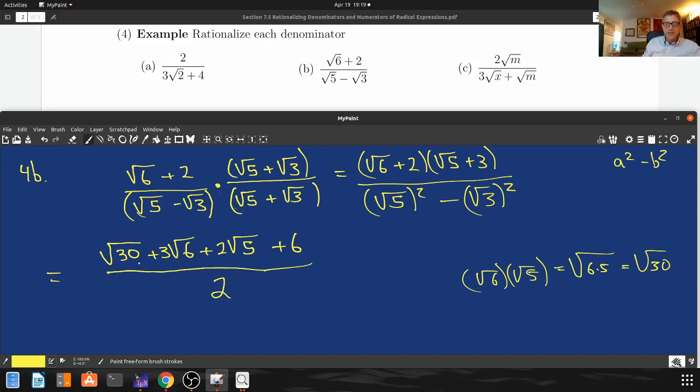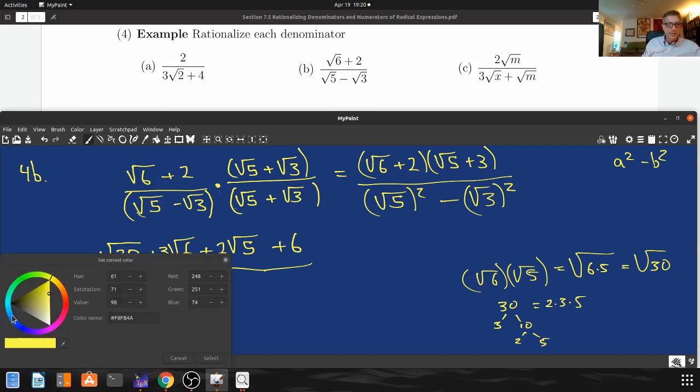In other words, what am I looking for? 30 is equal to 3 times 10, which is 2 times 5. So it's 2 times 3 times 5. There are no squares or even exponents there. So done. I can't simplify it.